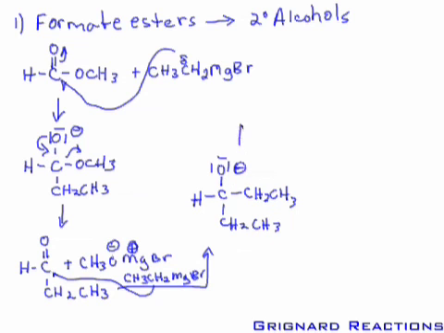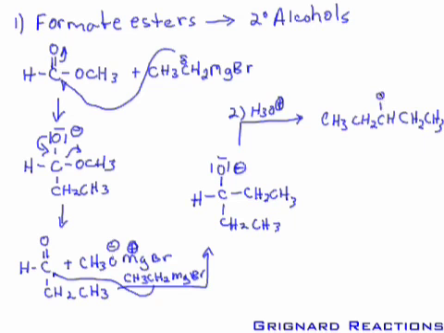And so in our last step we throw in acid, separate from the Grignard, so it's step 2. And we end up producing our alcohol, CH3, CH2, CH, CH2, CH3, OH. Only this part of the molecule came from the ester.